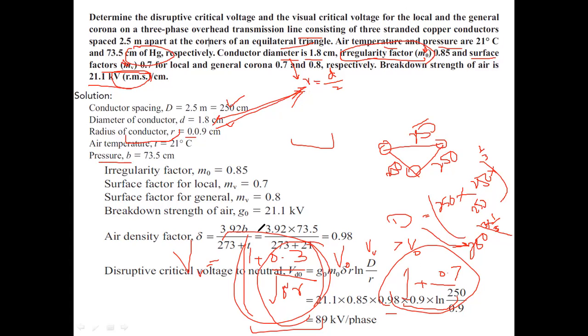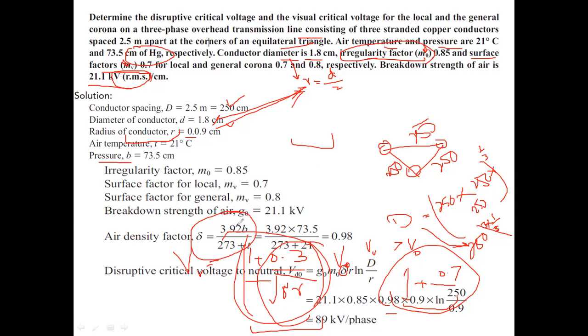So now putting these values in this formula, the disruptive critical voltage to neutral, meaning the phase value, is G naught, M naught, sigma R, ln of D by R. The rest of the values are ready, but this sigma is not ready, so we have to find this sigma.